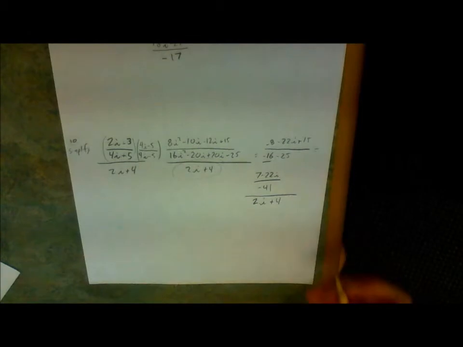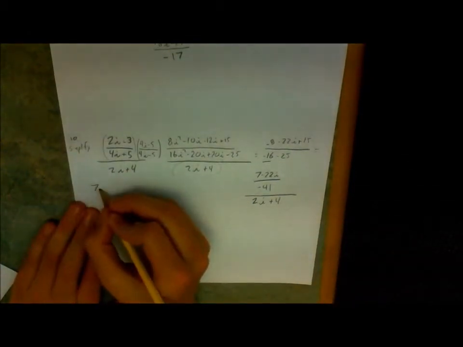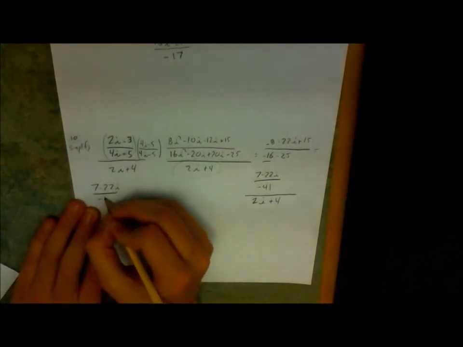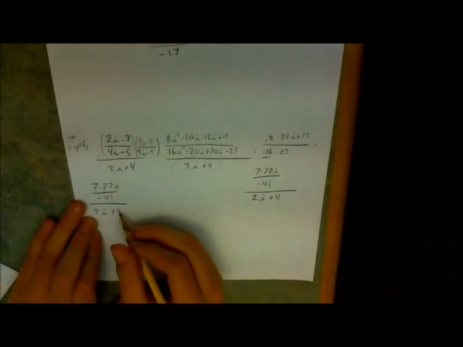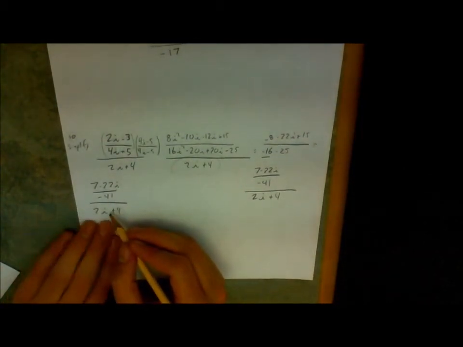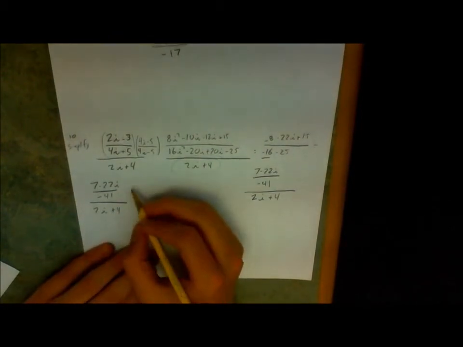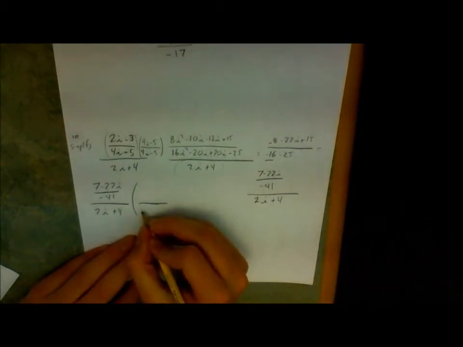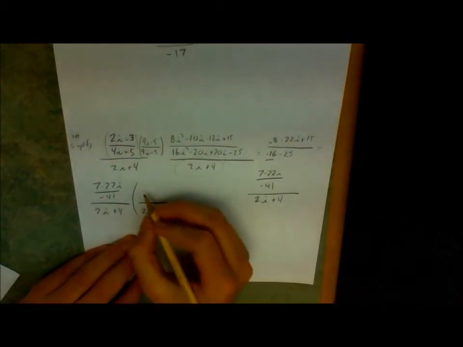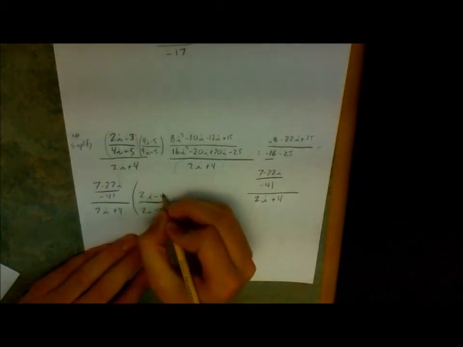What we'll want to do here, so I rewrite this, is do the same thing as before. Multiply by the conjugate of the denominator. The denominator this time being 2i plus 4. So the conjugate would be 2i minus 4.